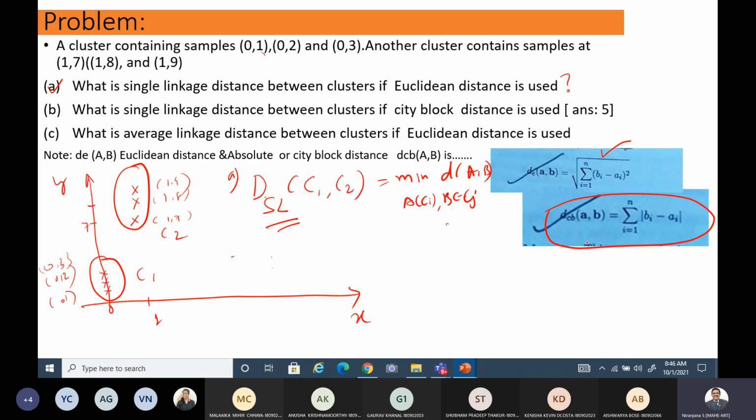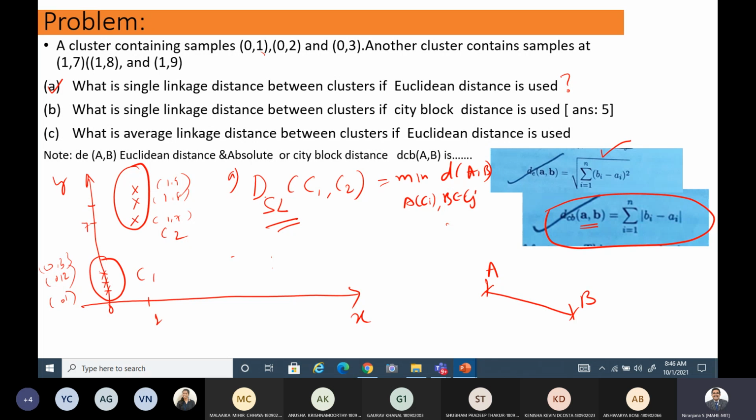It is a simple measure between two points. Say capital A, I'll just write a capital A to make a difference, because it's difficult to write a bold letter here. They wrote bold A, B, I just take capital instead.